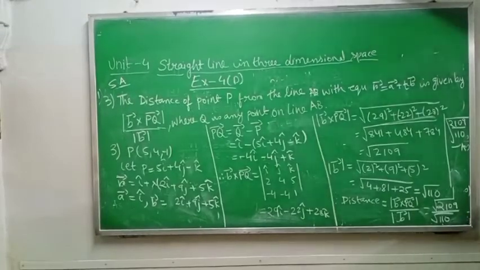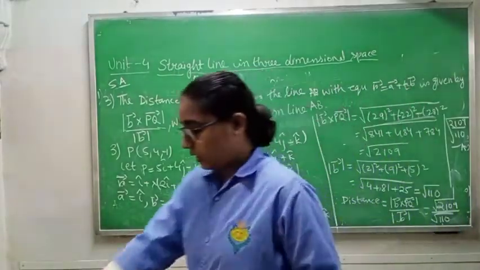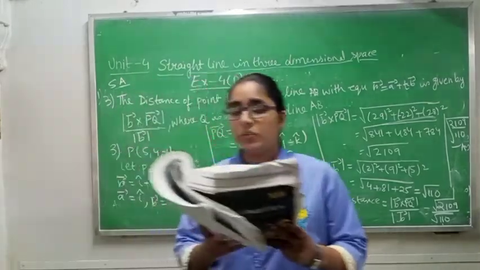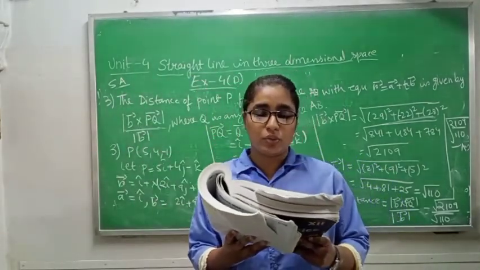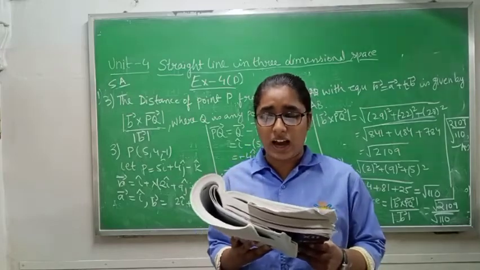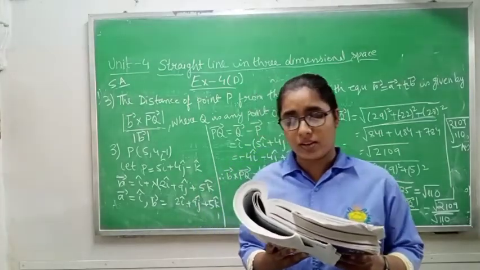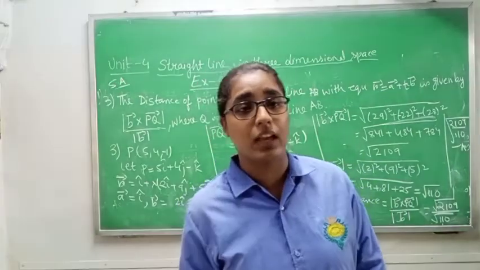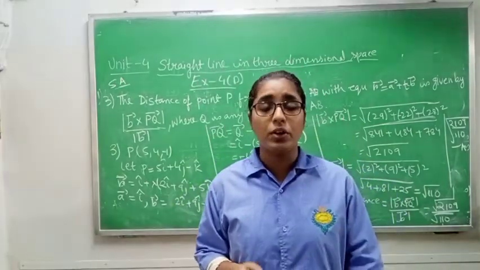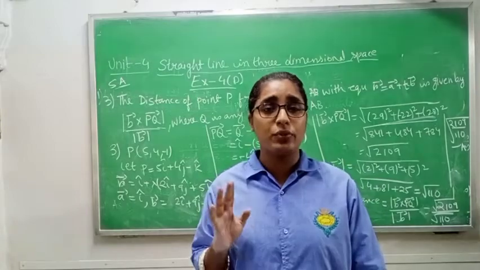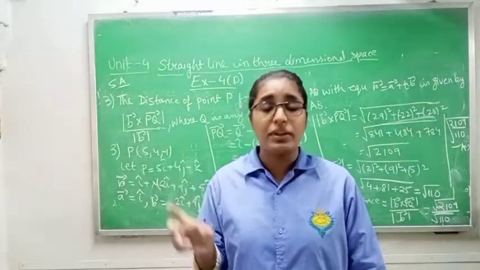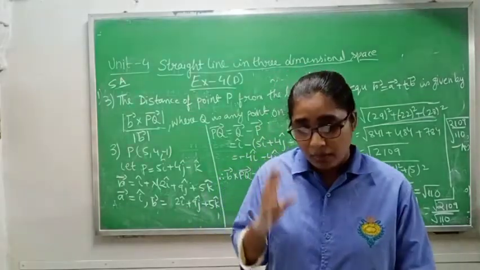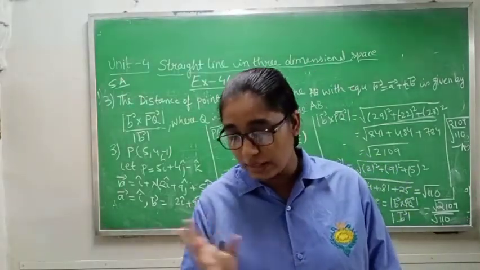Class 12, see short answer question number 3. It is written, find the length of the perpendicular drawn from the point 5, 4, minus 1 to the line r vector equals i cap plus t times (2i cap plus 9j cap plus 5k cap). Now in this question one point is already given to you, which is 5, 4, minus 1, and one vector equation is given to you. At that time how will you find the length of the perpendicular?